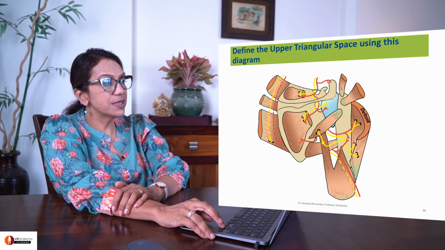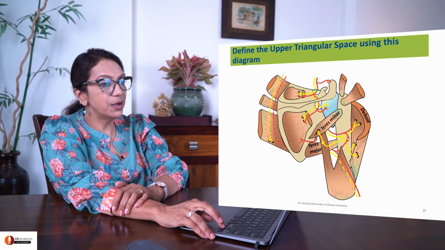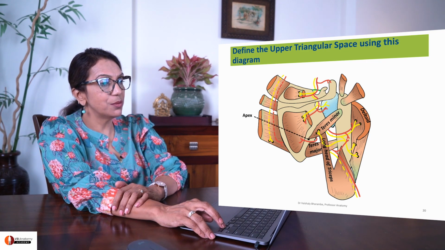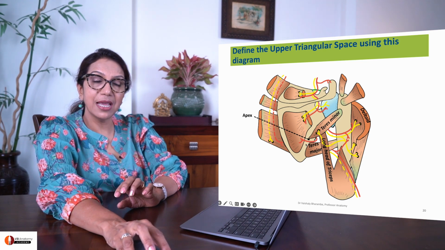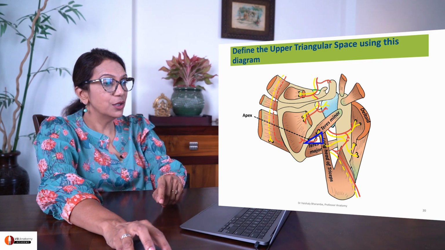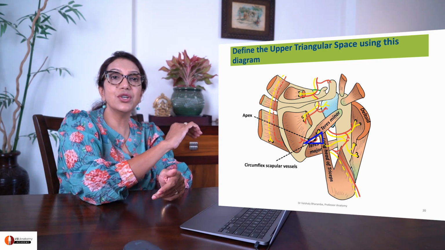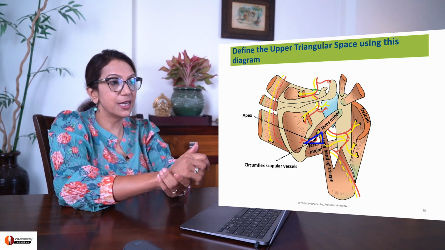Upper triangular space is formed by inferior border of teres minor, superior border of teres major, laterally bound by long head of triceps, and the apex is formed where the teres minor and teres major meet on the scapula. This is the upper triangular space through which you can see the circumflex scapular arteries emerging, winding around the scapula. So that's the upper triangular space.